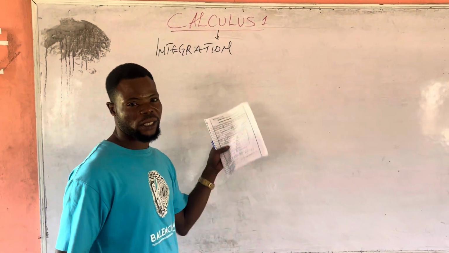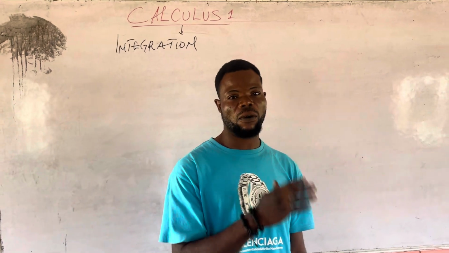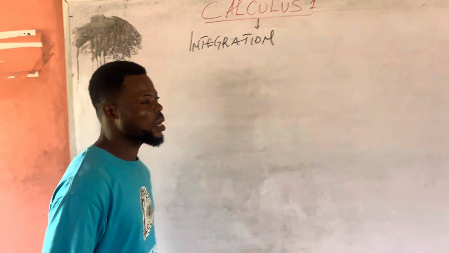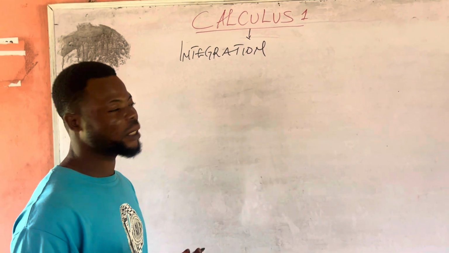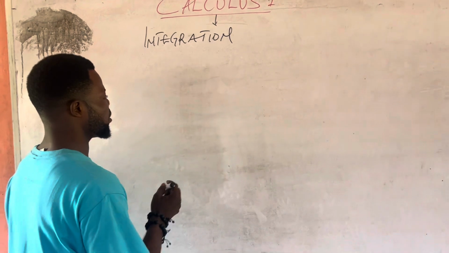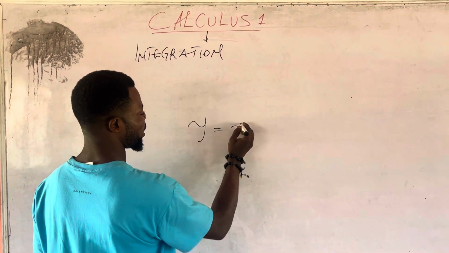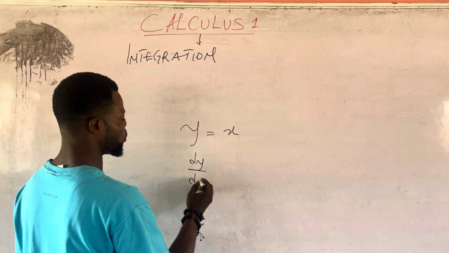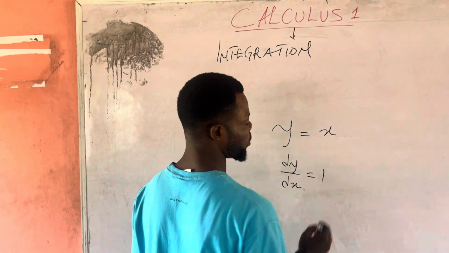So what is integration? Integration is the reverse form of differentiation. When we say reverse form, it's just as if we are revising the differentiation. If we have y equal to x, and we differentiate this with respect to x, our answer is going to be 1, right?